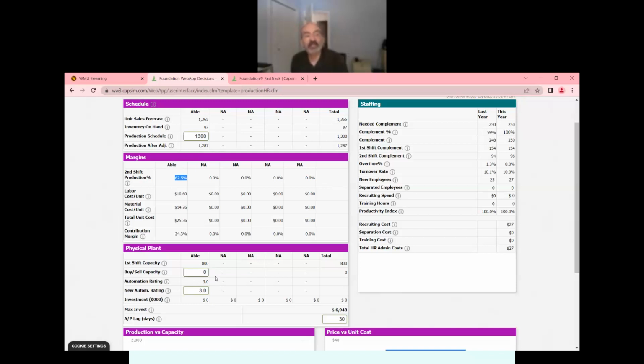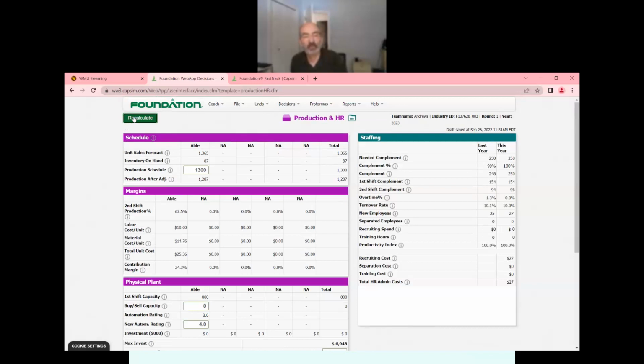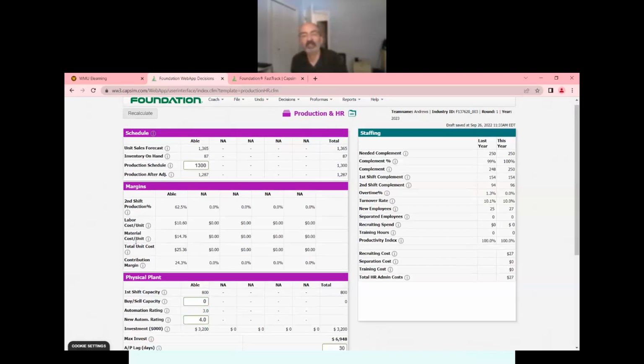Now, I don't mind the size of my assembly line right now. It's got some room for growth with Able because I can make about twice this first shift capacity. So I'm not going to buy or sell capacity right now. Since it's a low-tech product, I'd like it to be more automated because that's going to drive down my labor cost, which will allow me to get lower prices.